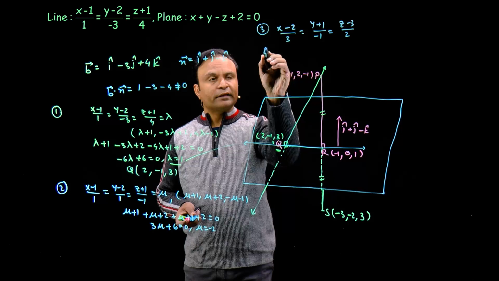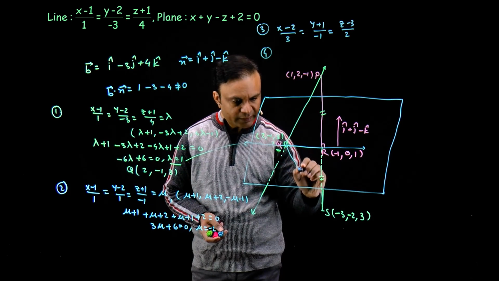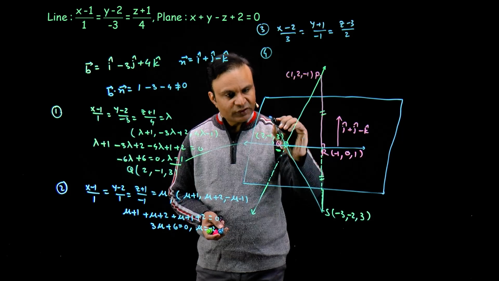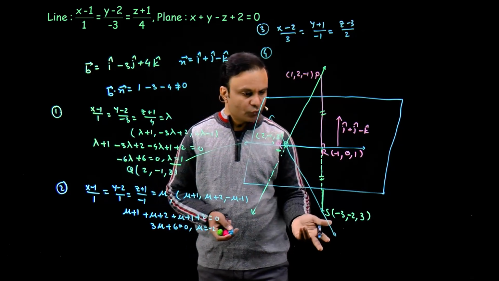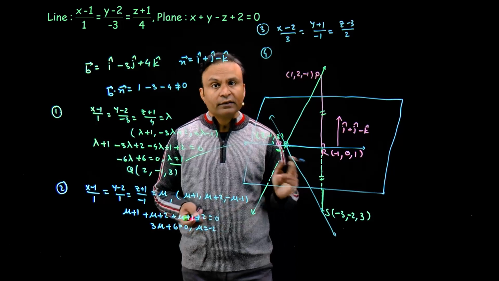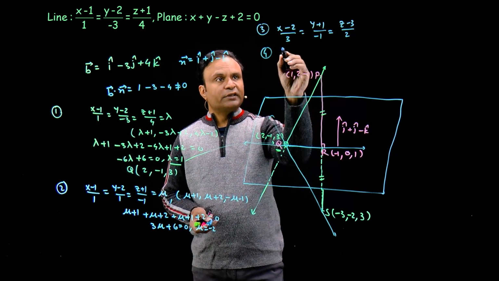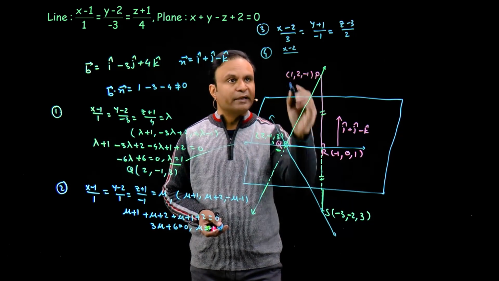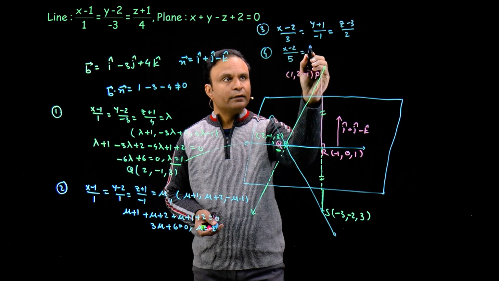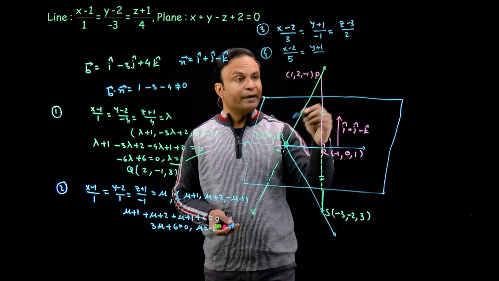Also we can get equation of image. This QS is image of this line in the plane. Now we have points Q and S, so we can get equation of this image. Okay, equation is x minus 2 upon 2 minus minus 3, that is 5, is equal to y plus 1 upon minus 1 minus minus 2.